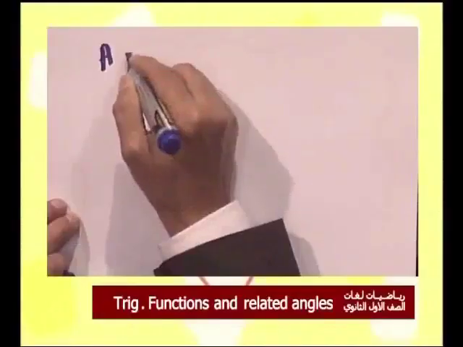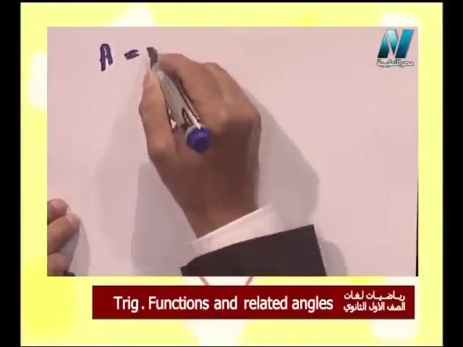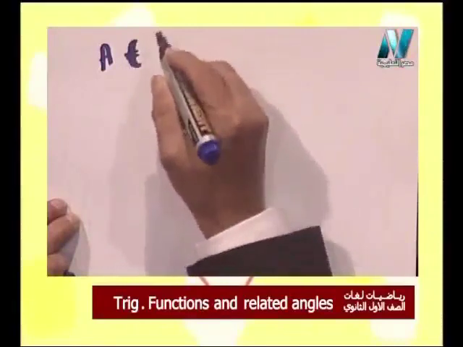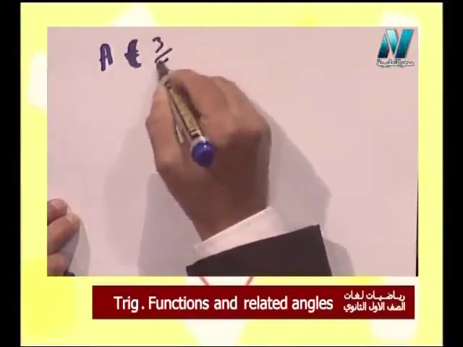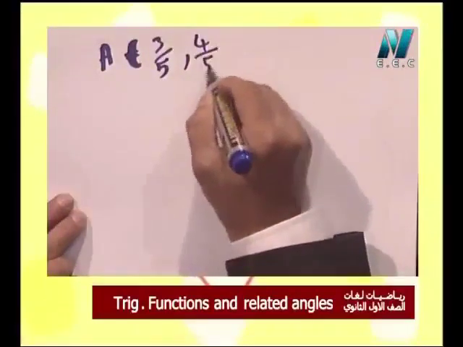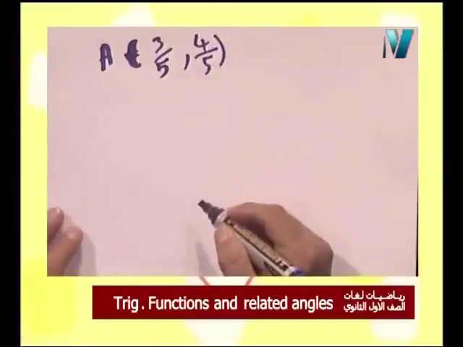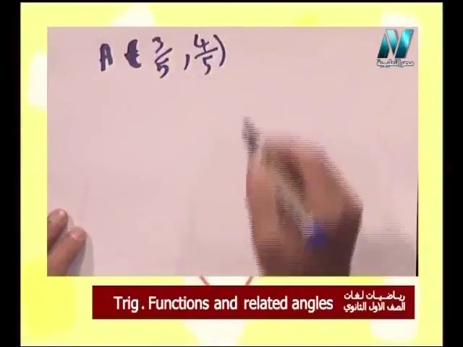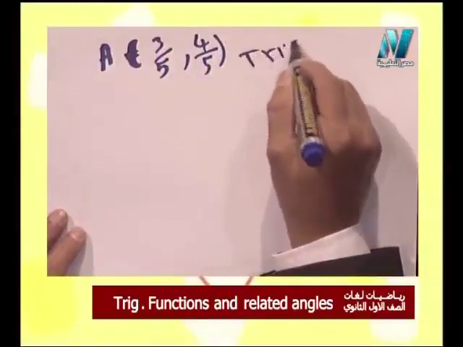If we have a point, we call it A. This point, or ordered pair, equals 3/5 and 4/5. And we would like to find all trig functions for it.